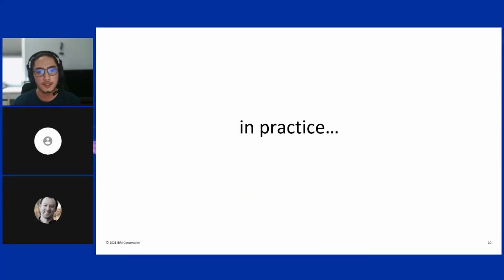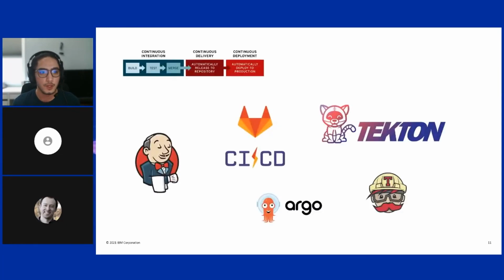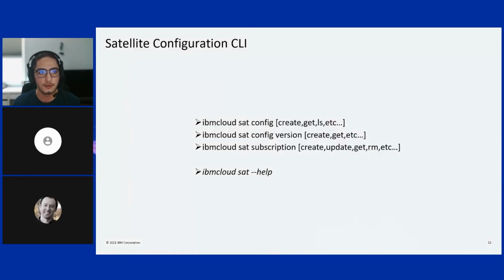In practice, what you could be doing is not doing them manually in the console, although you can do that, but you can also implement them in your own CI/CD pipelines. Argo CD is one of the popular ones. Jenkins used to be the popular one. And Travis CI if you want something simple, GitLab CI/CD. To integrate this, you can use the satellite configuration CLI.